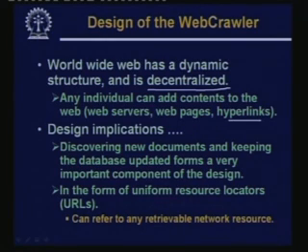No one can stop me from doing that. This is why we say that the World Wide Web has a dynamic structure. Looking at it as a graph, the graph changes with time dynamically. New nodes get added, some pages get deleted, some nodes get removed, and so on.